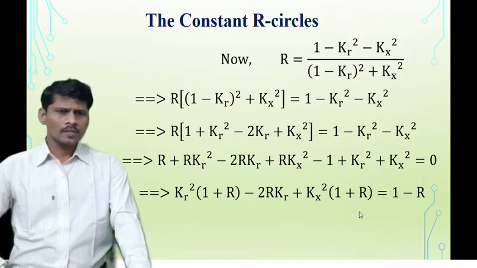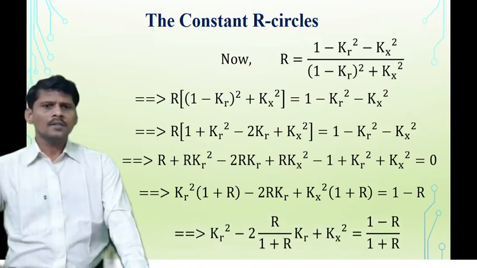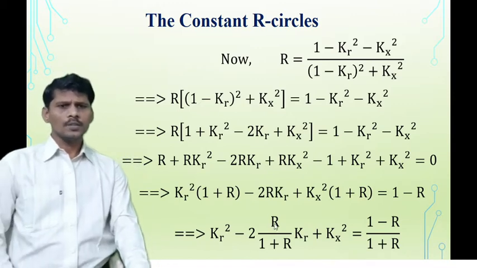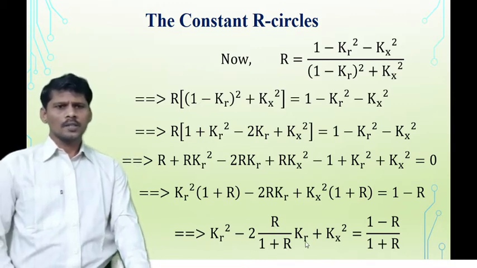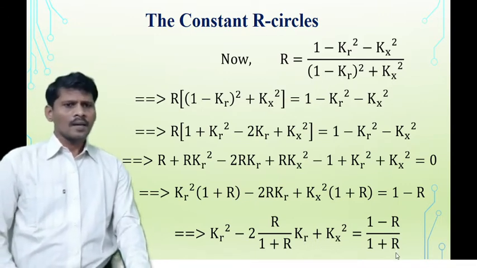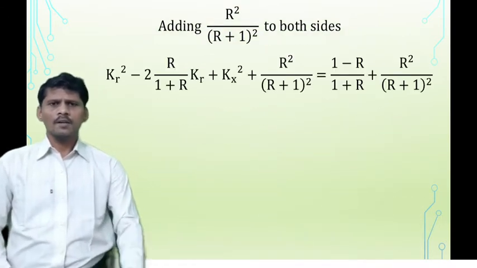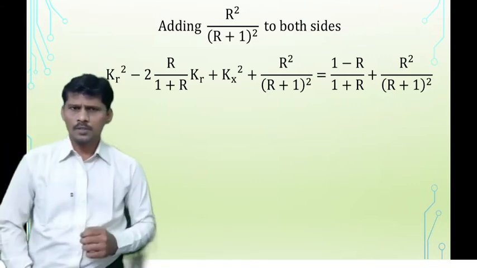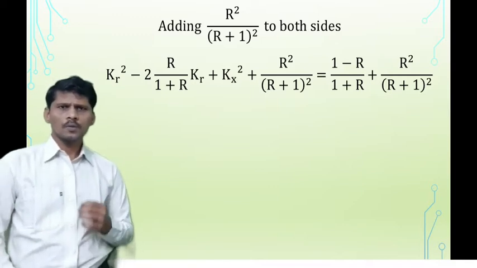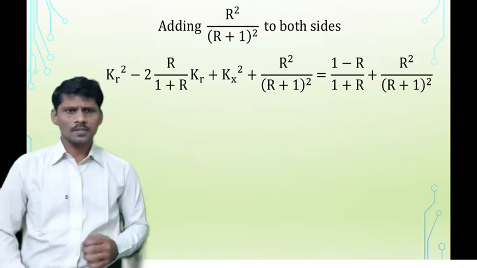Minus 1 plus R is going to the RHS side, we have 1 minus R. Dividing on both sides by 1 plus R, we get Kr square minus 2 into R by R plus 1 into Kr plus Kx square is equal to 1 minus R by 1 plus R. Adding R by R plus 1 whole square on both sides, we get Kr square minus 2 into R by R plus 1 Kr plus R by R plus 1 whole square plus Kx square is equal to 1 minus R by 1 plus R plus R by R plus 1 whole square.